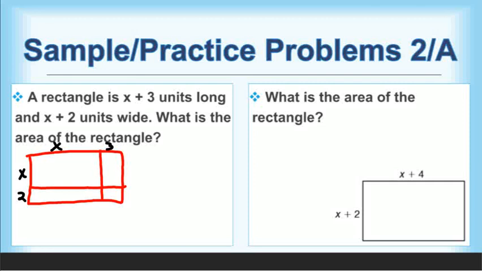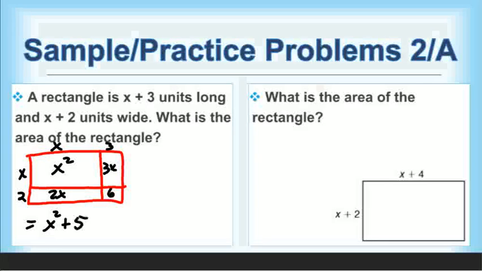So x times x is x squared, x times 3 is 3x, x times 2 is 2x, and 2 times 3 would give us 6. And so if we were to put them all together, we would have an area of x squared plus 2x plus 3x is 5x plus 6. So again, that's one way of solving that one.